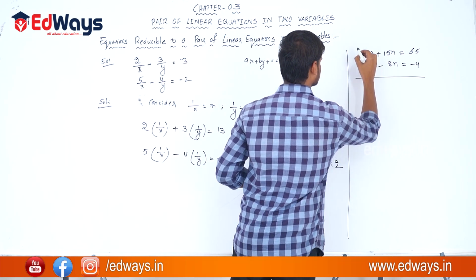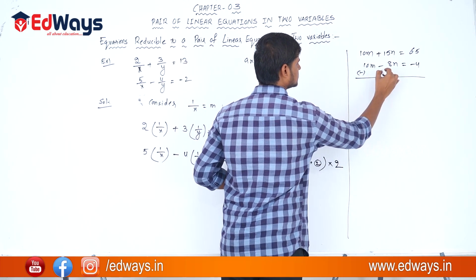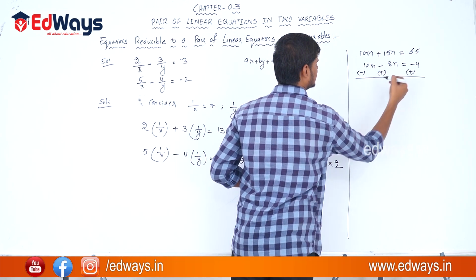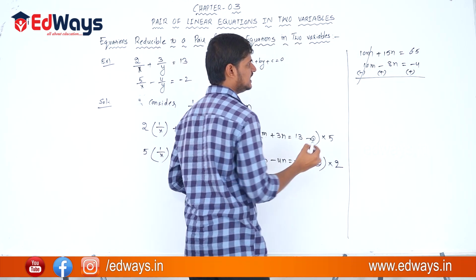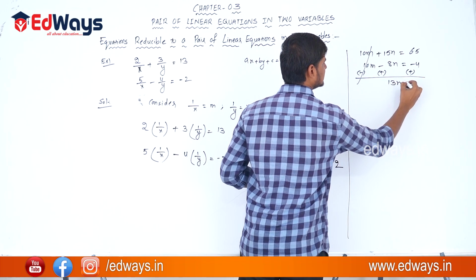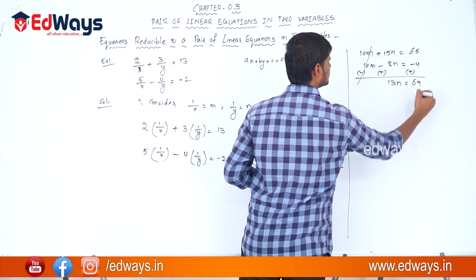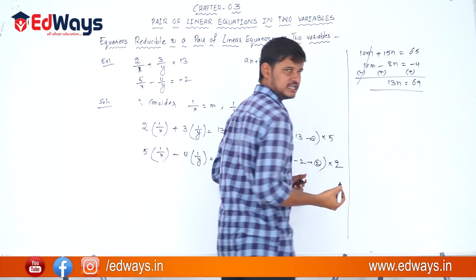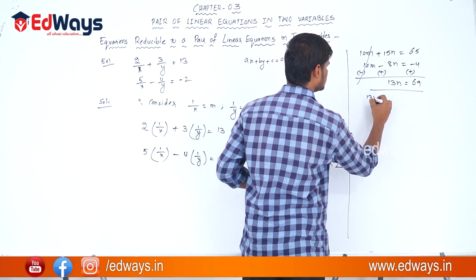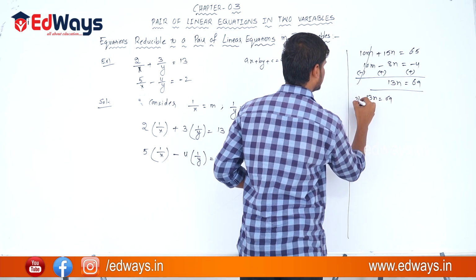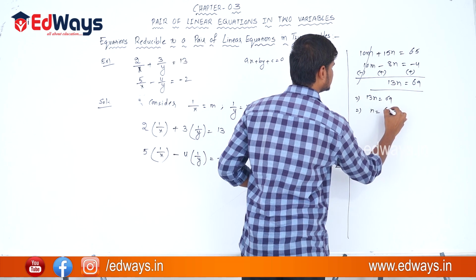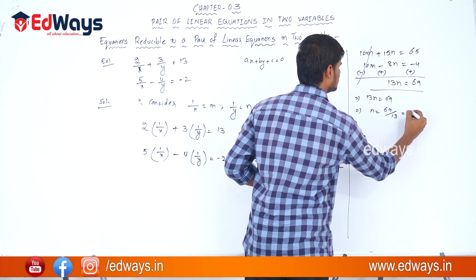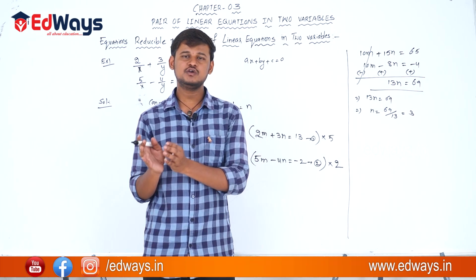So if I subtract these two, like signs will change. These two will get cancelled, and 13n is equal to 65 plus 4, that is 69. So 13n is equal to 69, and then n is equal to 69 by 13, that is equal to 3. So now I got the n value as 3.